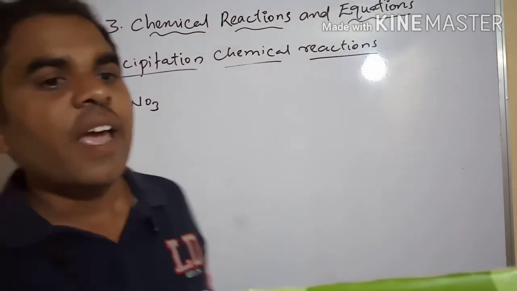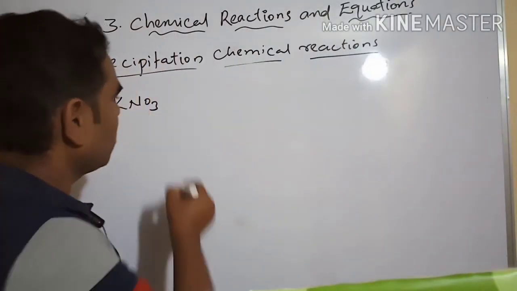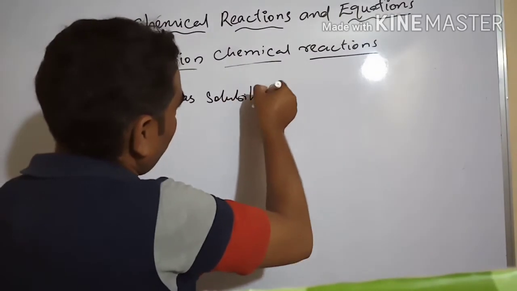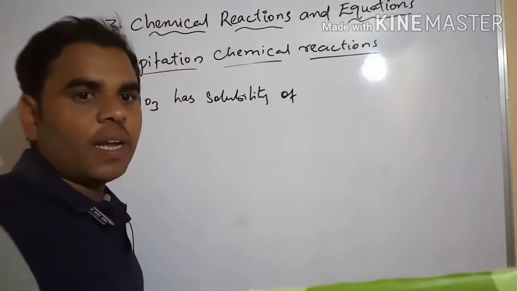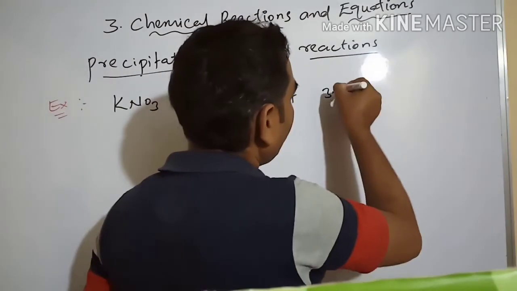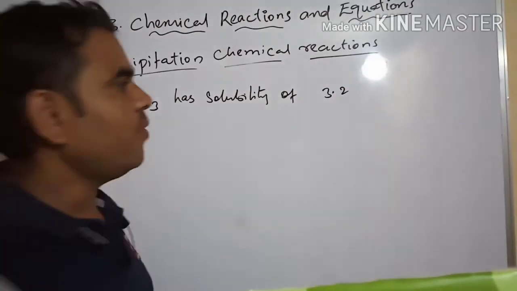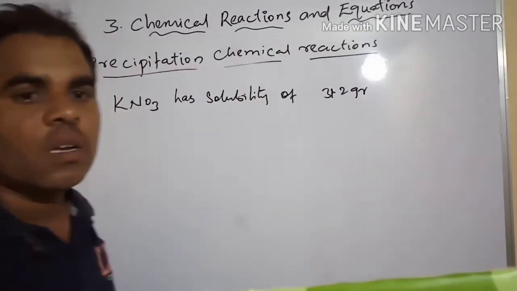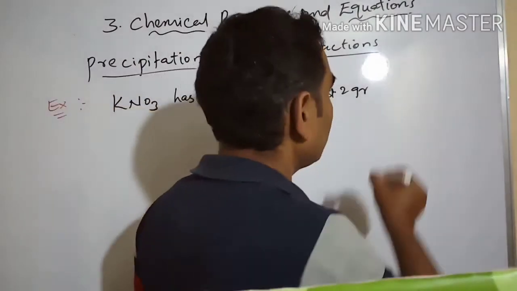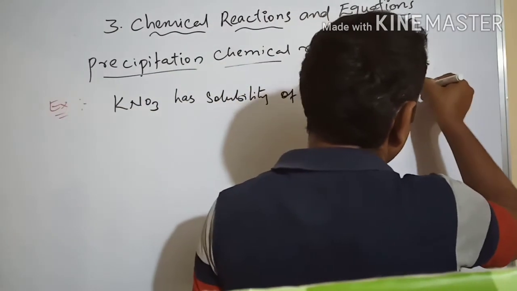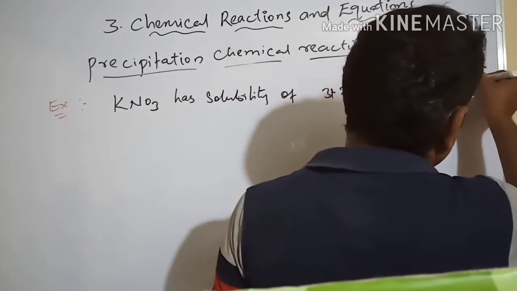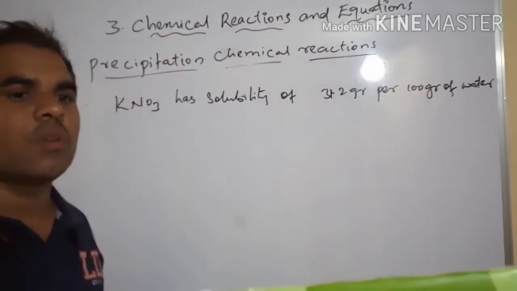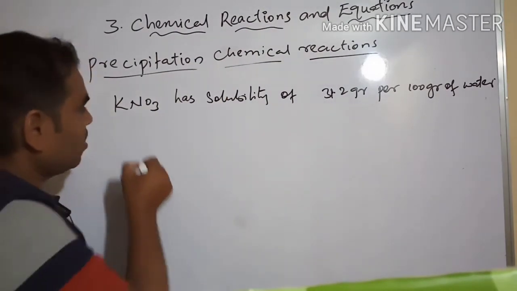Potassium nitrate has a solubility of 31.2 grams per 100 grams of water at 20 degrees Celsius.